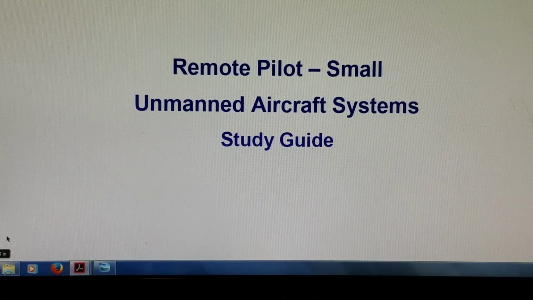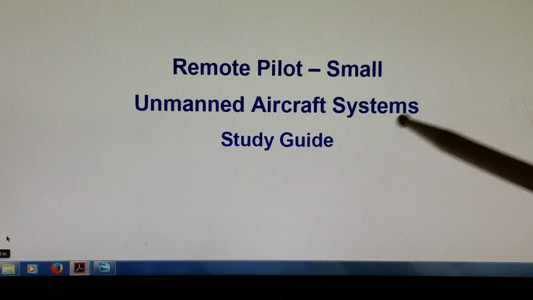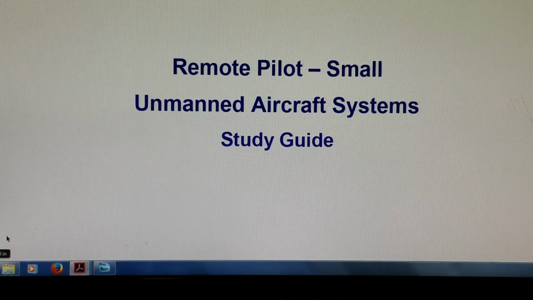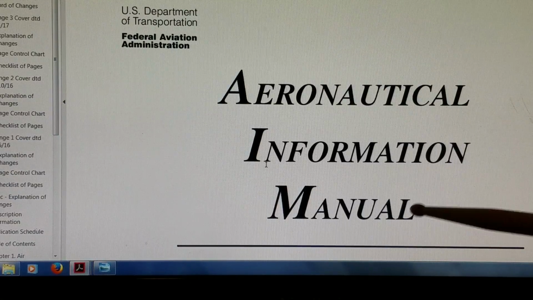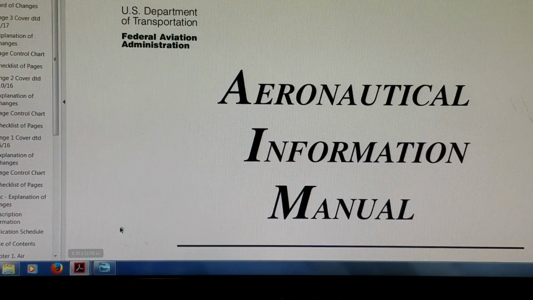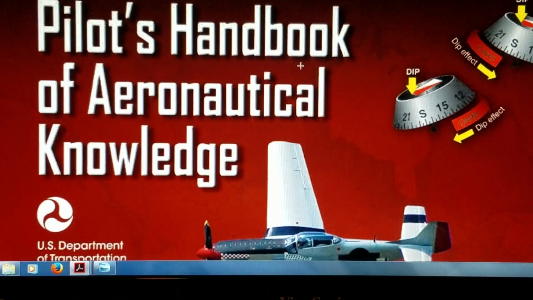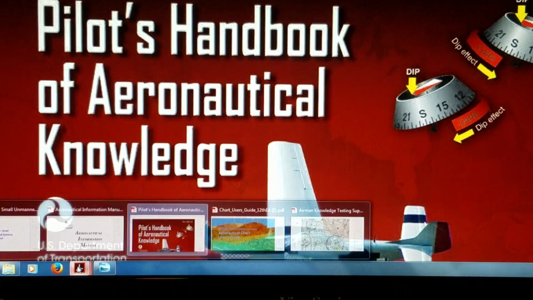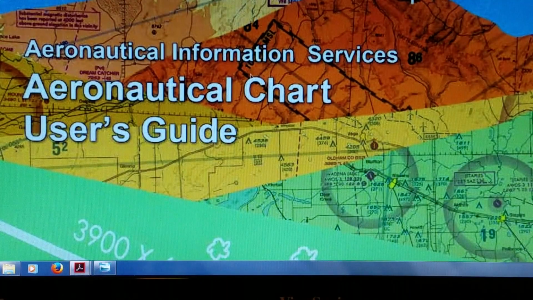So if we do a brief run through, the Remote Pilot Small Unmanned Aircraft System Study Guide is the main manual, the main document that you will be dealing with, but it's supported by these other documents: the Aeronautical Information Manual, the Pilot's Handbook of Aeronautical Knowledge, and the Aeronautical Information Services Aeronautical Chart Users Guide.